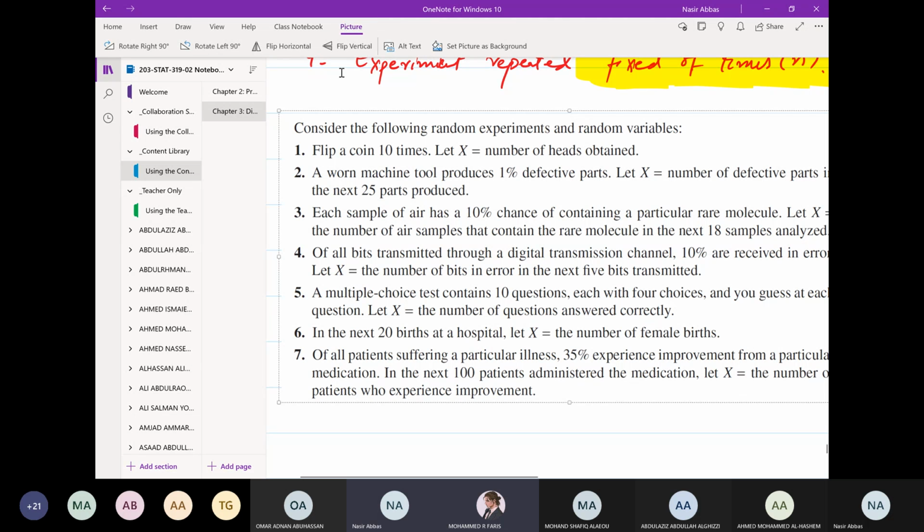Okay, we have picture. No options here. But I can go back to the book and I can copy only this part.